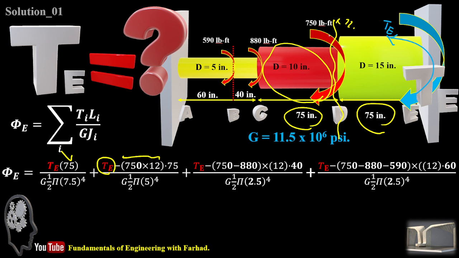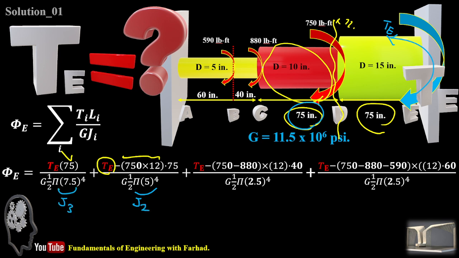That's why it's TE minus, because TE should be against the other. So TE minus 750 times 12, and the length of the other piece is 75, over GJ, this is J2, this is J3.